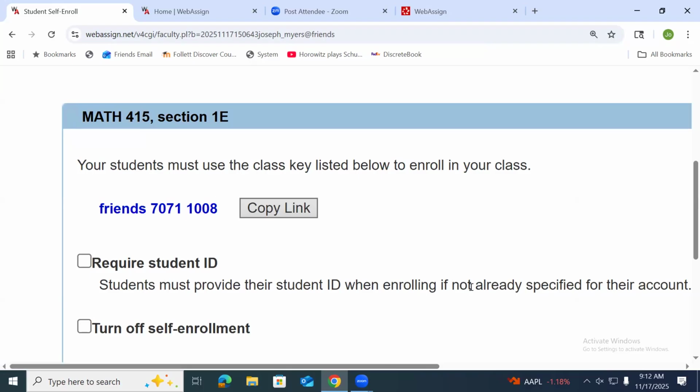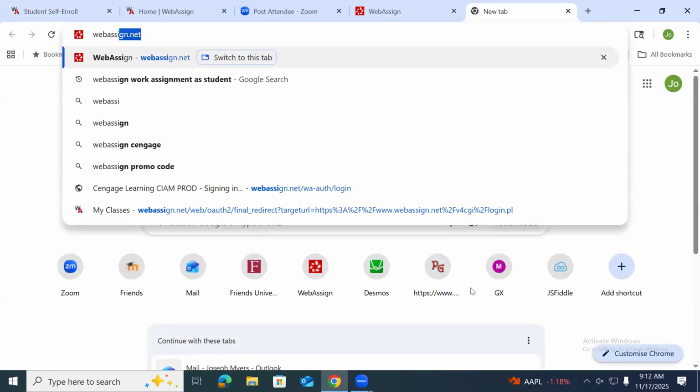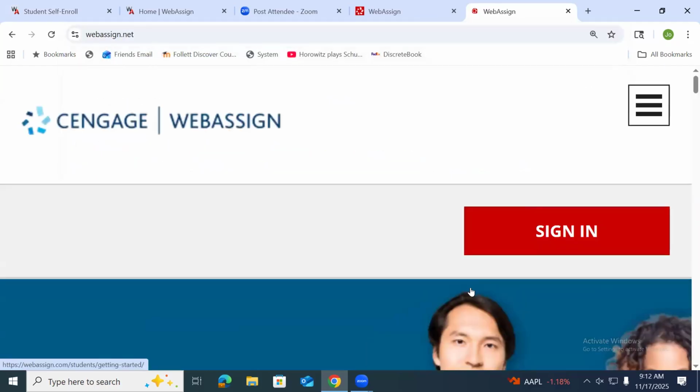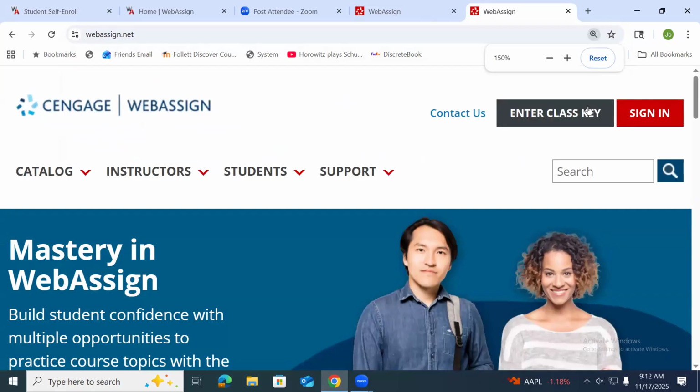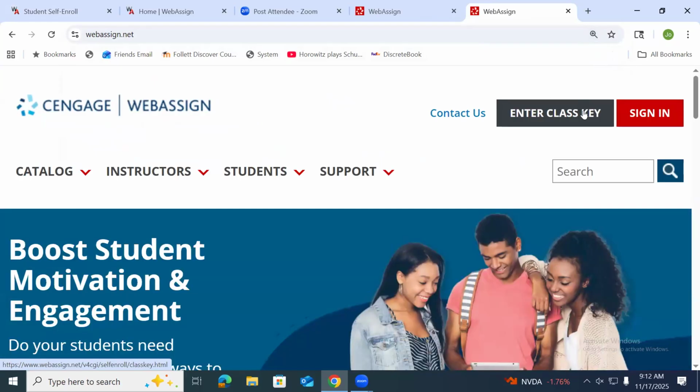Go to webassign.net, which is just WEBASSIGN.net. Go to that website, and then you have to zoom out so you can see it better, but then click on the button that says enter class key. And then you'll probably not only have to enter the class key, you'll probably have to create a username and password unless you've already used this for calculus or anything else before.